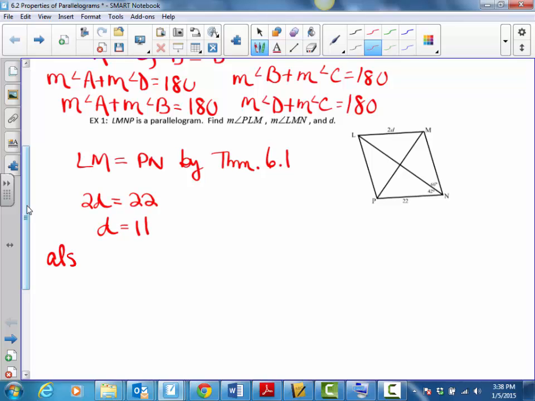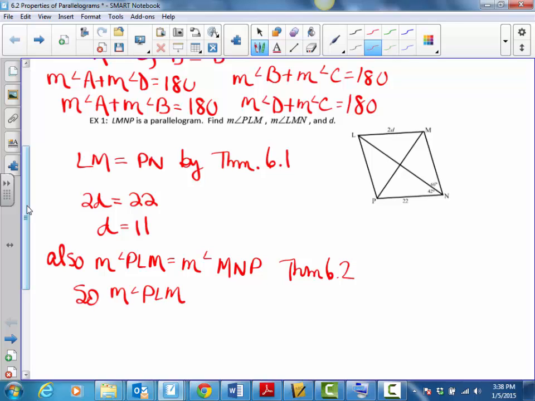All right. I also know that angle PLM is congruent to angle MNP, or that their measures are the same by Theorem 6.2. So the measure of angle PLM is 66 plus 42, or the measure of angle PLM is 108.